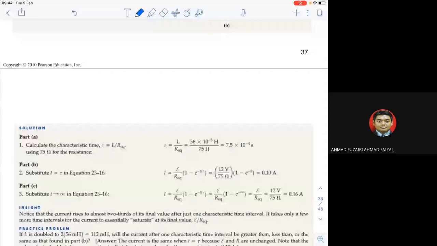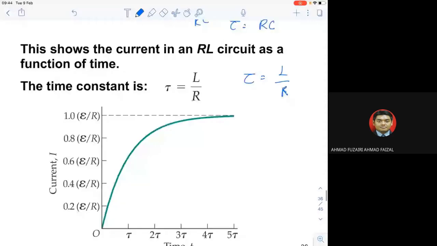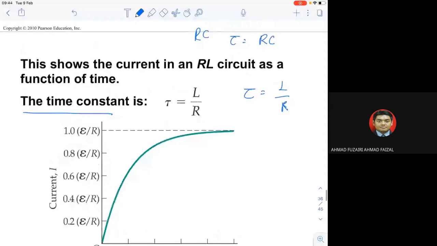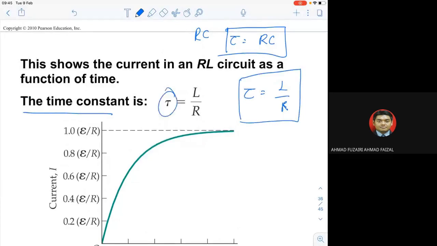For RC, tau equals RC, and for RL, tau equals L over R. It is tau, not T. I always hear students say T, but it's tau.